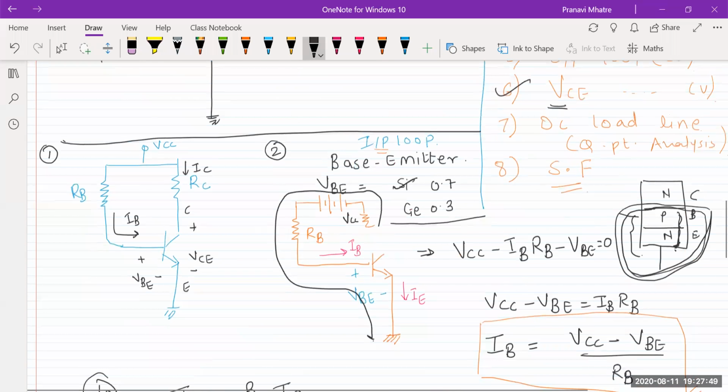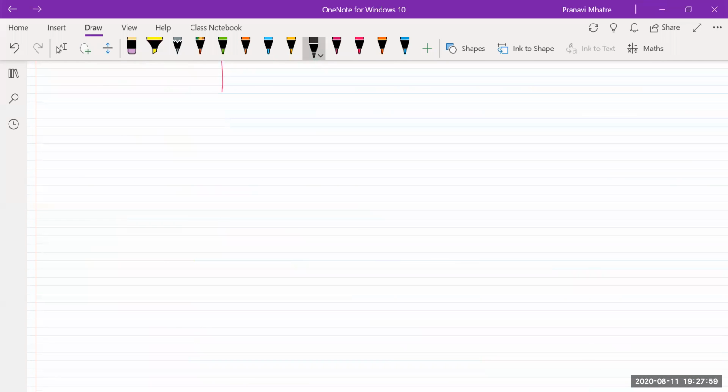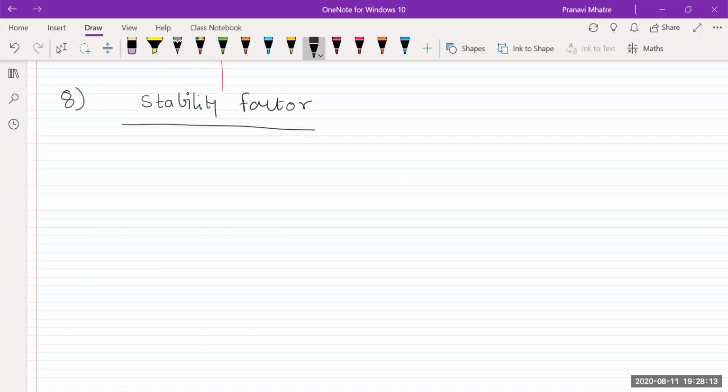Now DC load line parameter is also over, and last part is the stability factor. Stability factor is defined as 1 plus beta upon 1 minus beta into dou IB by dou IC.